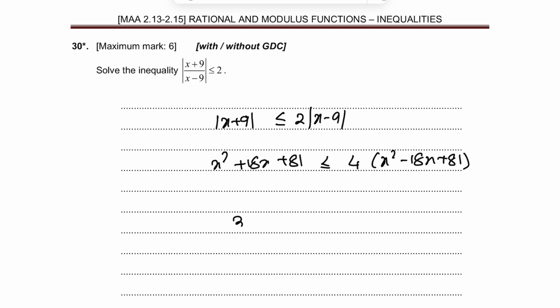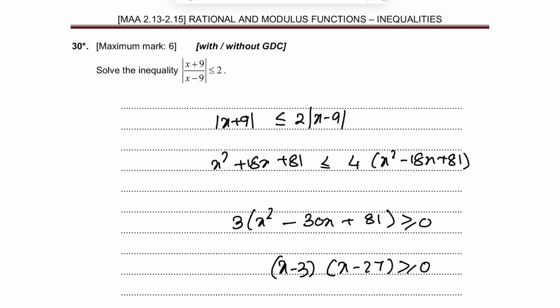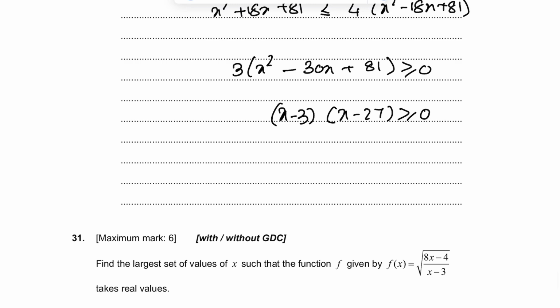So I get 3x square minus 30x plus 81 is greater than or equal to 0, so x square minus 10x plus 27... (x minus 3) times (x minus 27) is greater than or equal to 0. So from negative infinity to 3 union 27 to infinity.